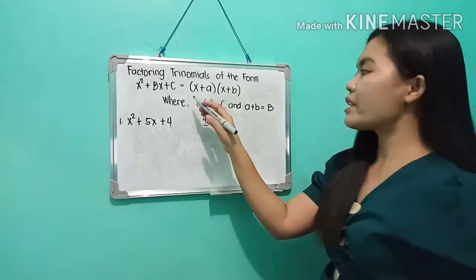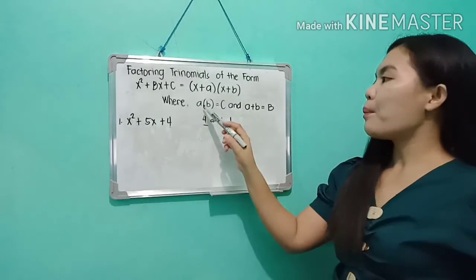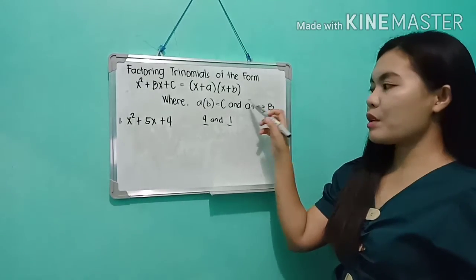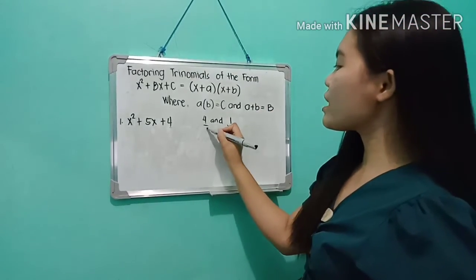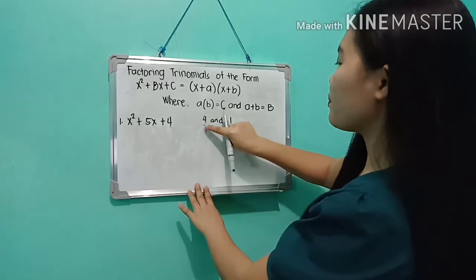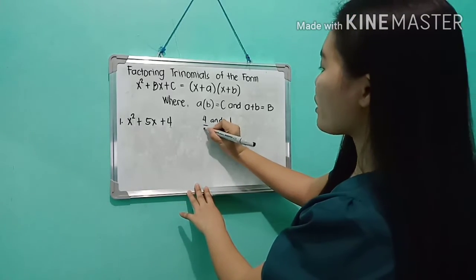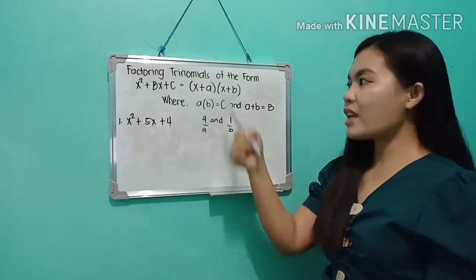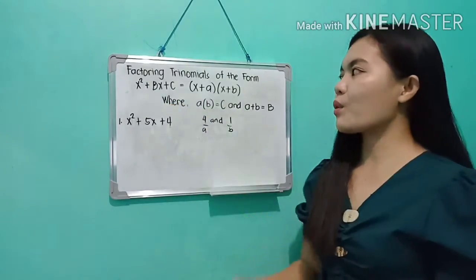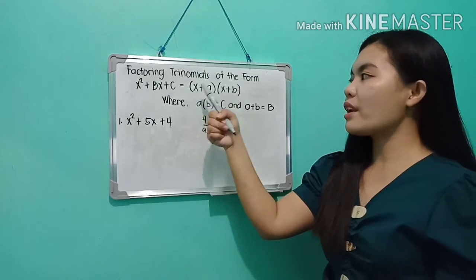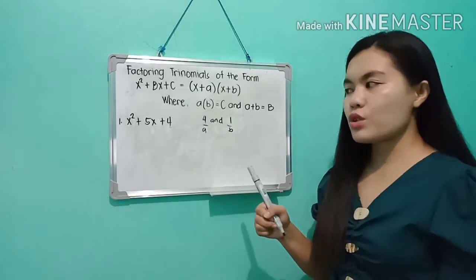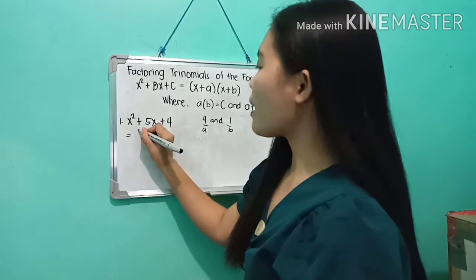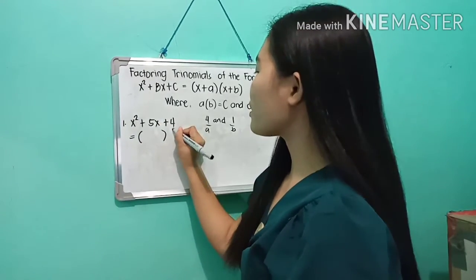So, ang condition is x plus a and x plus b. So, halimbawa, ito yun si a, at saka this is our a, this is our b. Saan galing si x? Galing yun sa x squared. If we're going to multiply this one, x times x is equals to x squared. So, yung answer lamang nito ay gagawa tayo ng dalawang parentheses.